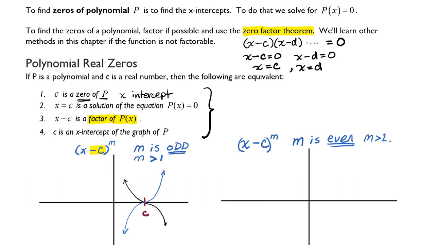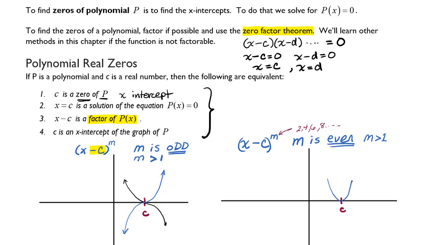In this particular instance, you still have a root at c, but your m has an exponent. Your multiplicity is either 2, 4, 6, 8, etc. It's even.